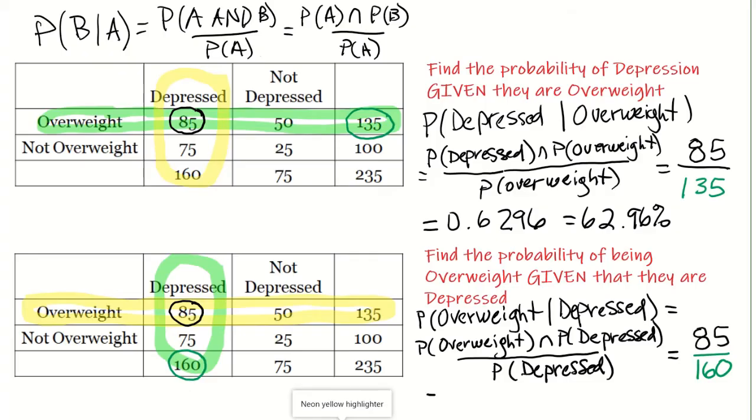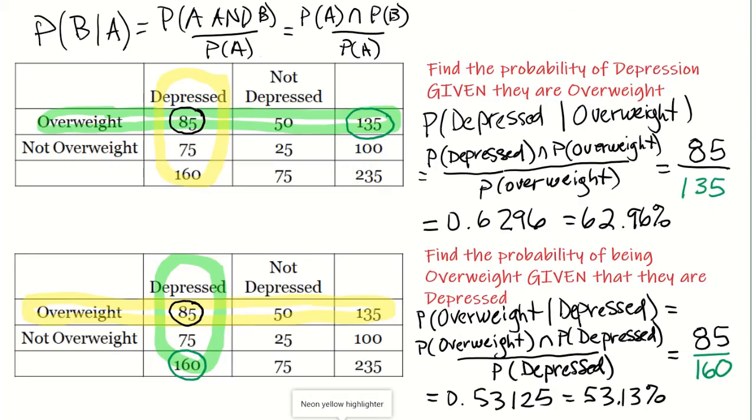And then when I do my calculation, 85 divided by 160 is going to be 0.53125, which means that I have a 53.13% probability that if someone has identified themselves as depressed, they are also going to be overweight.